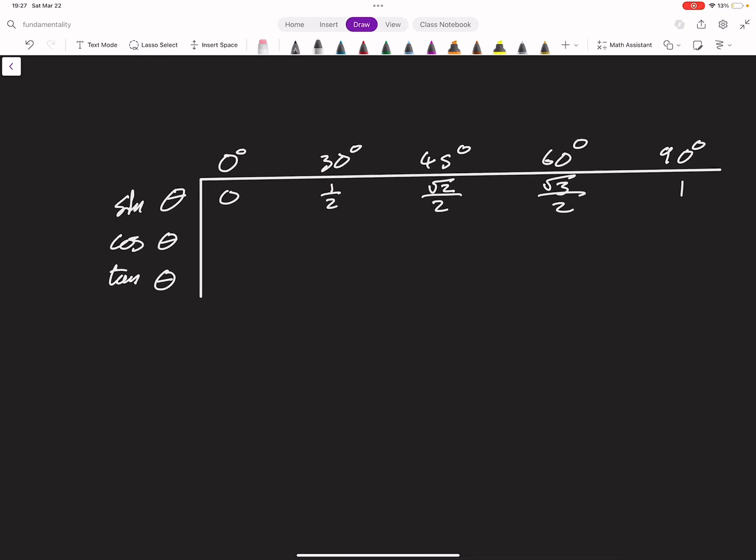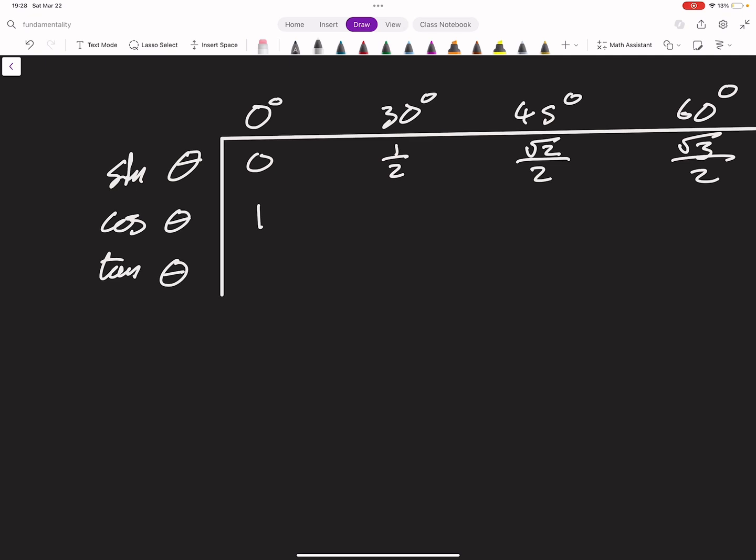So there is a pattern to this, I promise you. Okay, so first imagine 0 over 2, then it's root 1 over 2, but root of 1 is just 1, then it's root 2 over 2, then root 3 over 2, then root 4 over 2. Of course, root 4 over 2 is just 2, 2 over 2 is just 1. Cos theta is literally the opposite, just the other way around.